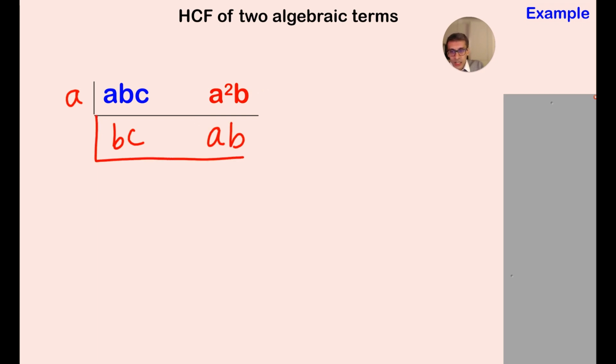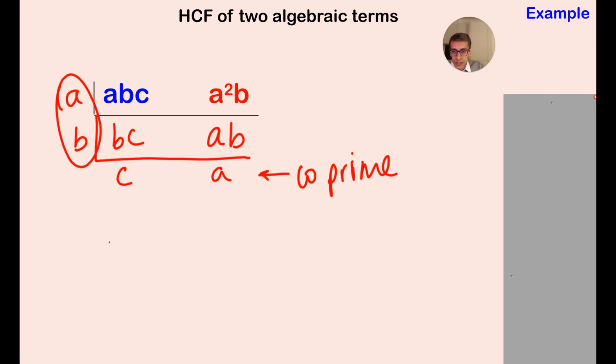So we're going to now take out a second factor. Now I can see common to both BC and AB is B. I'm going to take B out, so BC divided by B is C, AB divided by B is A. Now these are technically algebraic terms, but essentially they are coprime because there's no other common factor other than 1. So you stop here, and just like before, you multiply the numbers down the side.